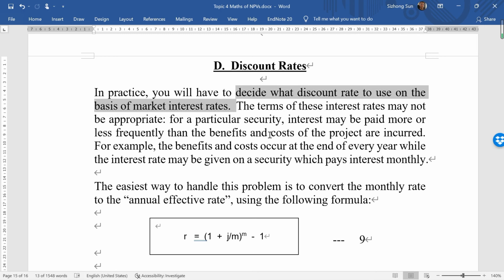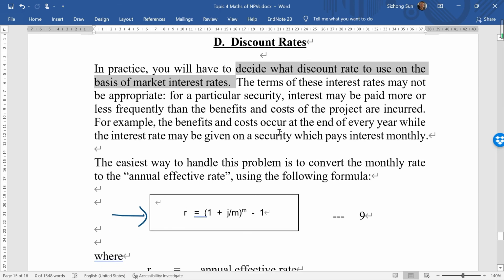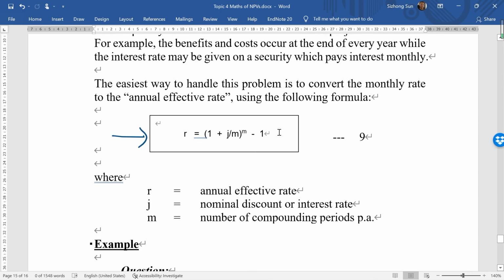The easiest way to handle this issue is to convert the monthly rate to an annual effective rate using this formula. Then you might want to ask, where does this formula come from? Okay, let's derive this formula. So this is 1 year.